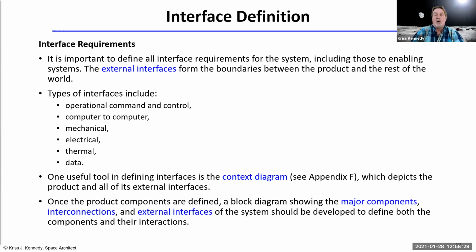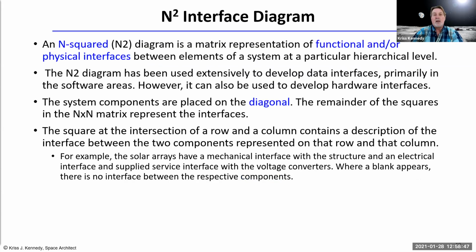Do I need power? Do I need data? Am I sharing power? Is there a power system or a power switching unit? Are you required to send power to specific devices and sensors? The sensors all have interfaces, both data, etc. So this N-squared diagram can be done in Excel or a number of other tools, but it's a matrix representation of the functional or physical interfaces between the elements of a system at a particular hierarchical level.